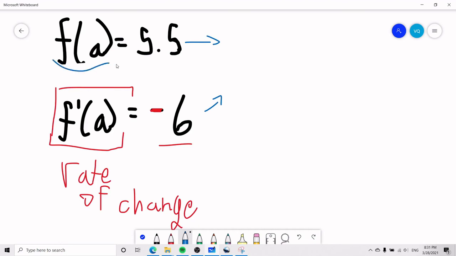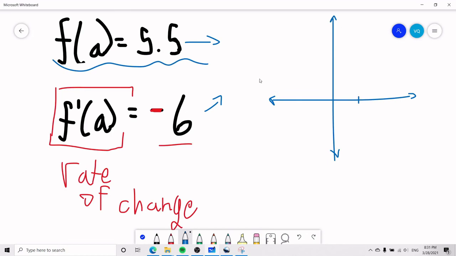So I'm going to start with the one on top. I'm just going to invent that this right here is my value of a for x, and we know that it reaches 5.5 here. It's going to be one point right there. Here I am graphing the information on top.